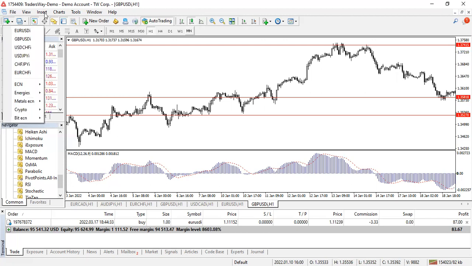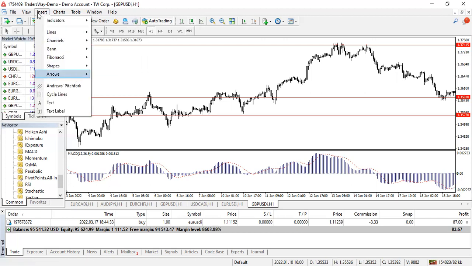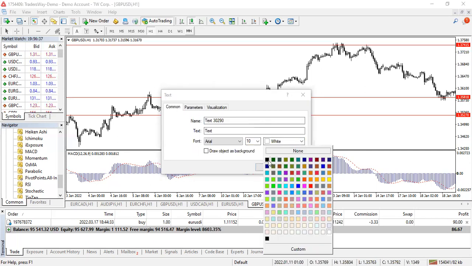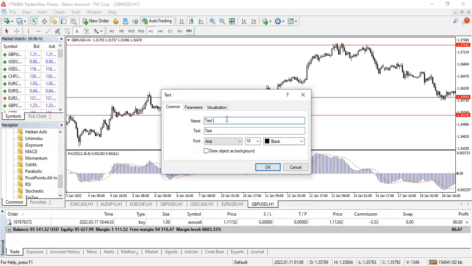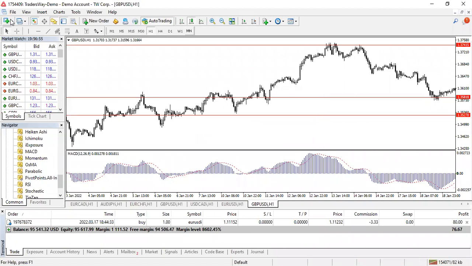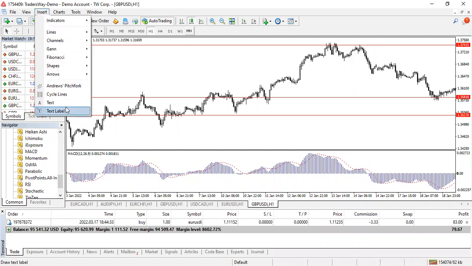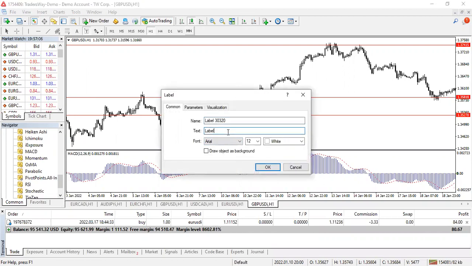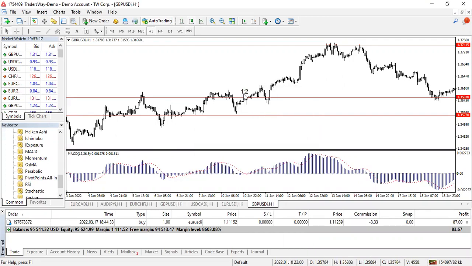Let me change the color. So this is what they call risk reward ratio.